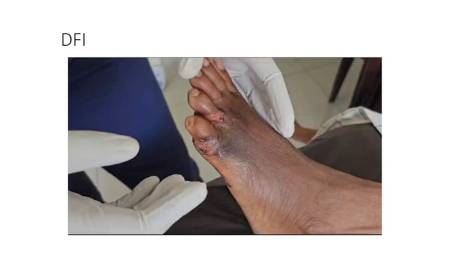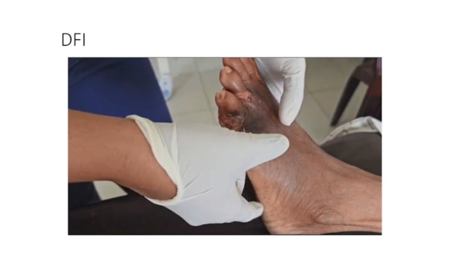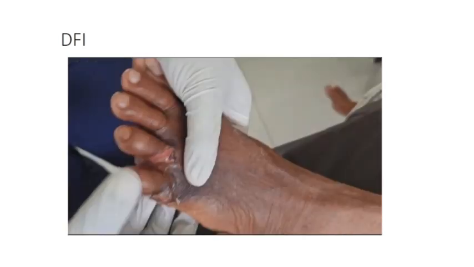Now, if you look at this foot, you can't see anything, right? It looks almost like a normal foot. You can see a little bit of an erythema in between the fourth and fifth toe, right? That almost looks like nothing.